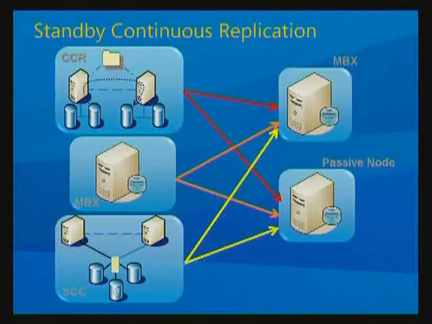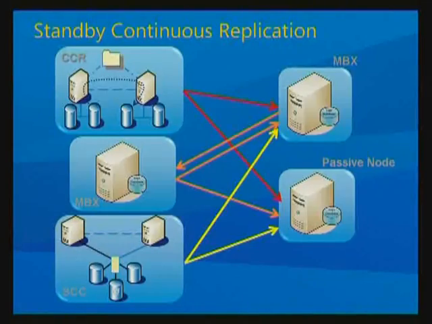And you can also have the source be the single copy cluster going to the mailbox on the standalone or the passive node. And when it's a standalone to a standalone, you can actually go back the other direction. So you can have some portion of your storage groups that are on the source also be targets.